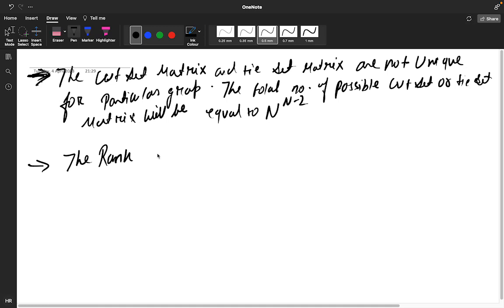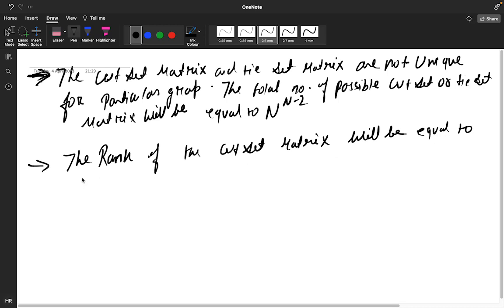The rank of the cut set matrix will be equal to the total number of twigs, that is n minus 1.